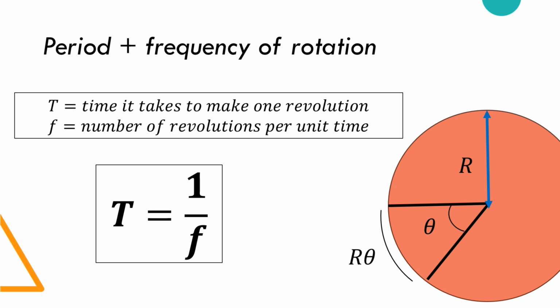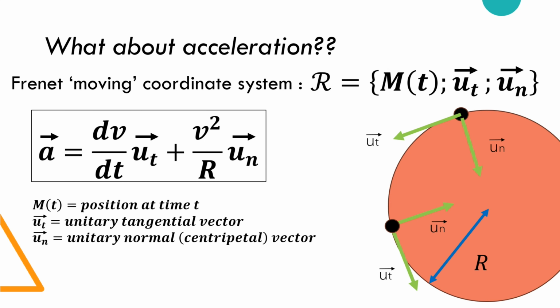Let's move on. Is there an acceleration when we talk about circular motion? This is especially interesting in the case of uniform circular motion. So the speed is constant. Is there even an acceleration? Because a equals dv over dt, right?